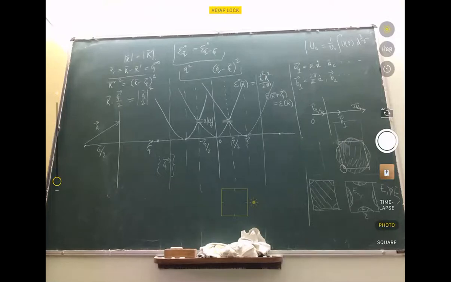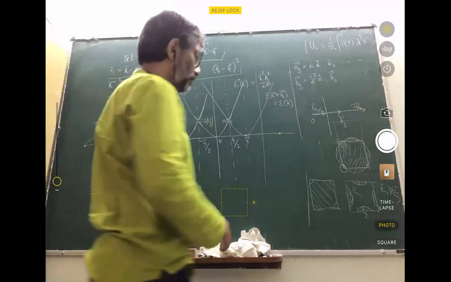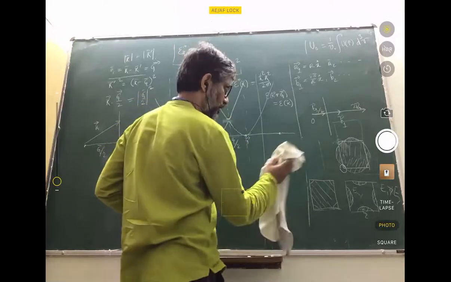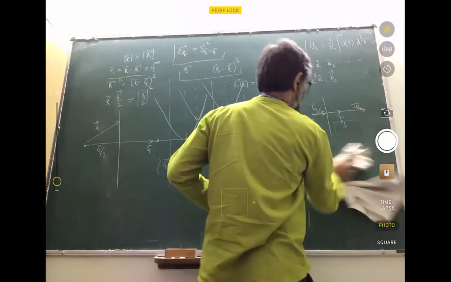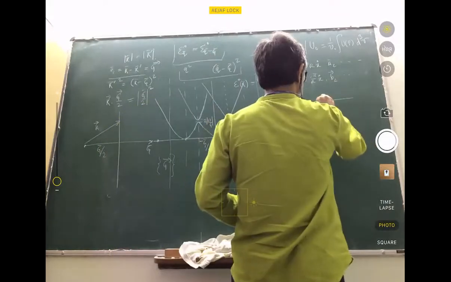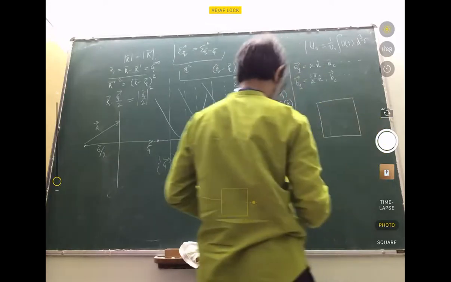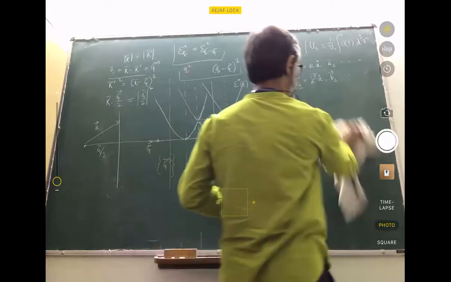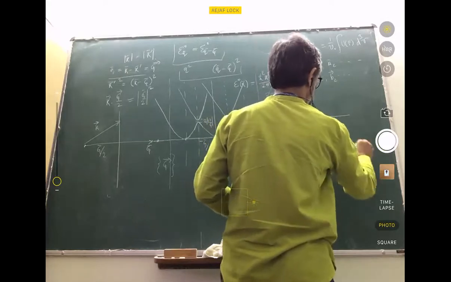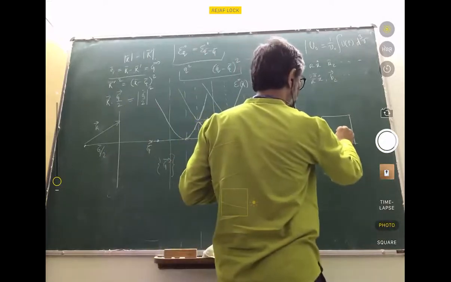Okay, so let us consider this example in 2D to illustrate the point. So let me try to draw a slightly better figure. Suppose this is the first Brillouin zone of a square lattice.